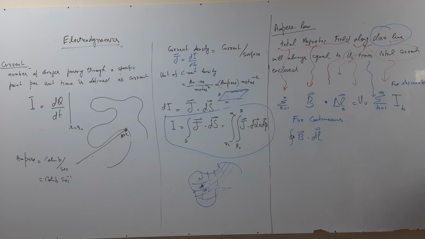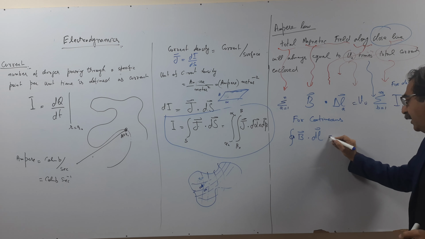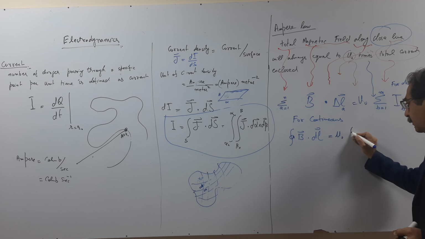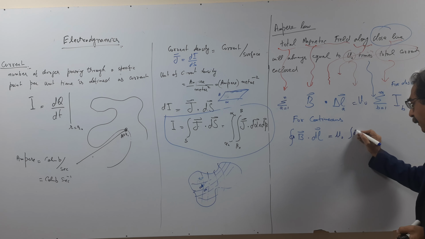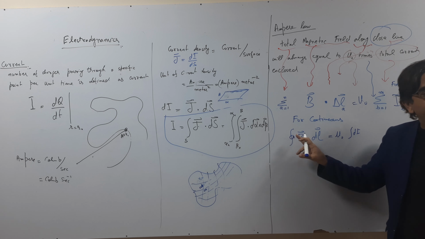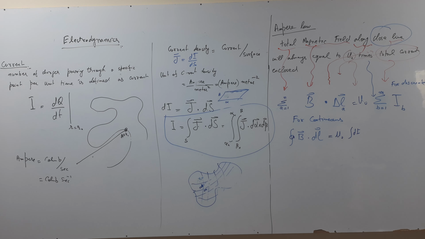That will be equal to mu naught. This sign represents the closed line. Closed line means when you come back to the initial point again.